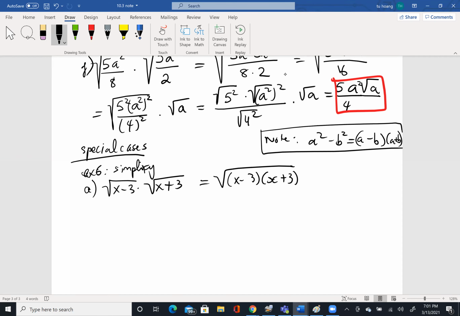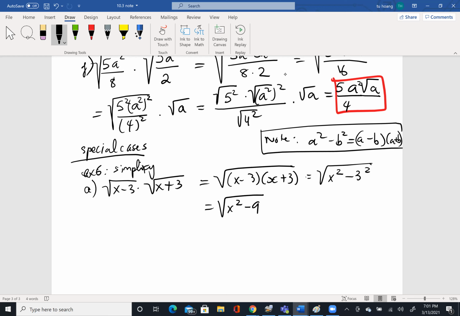Okay. So from here, you can know that x here is a and 3 here is b. And you can rewrite it as the square root of x squared minus 3 squared, or you can rewrite it as the square root of x squared minus 9.